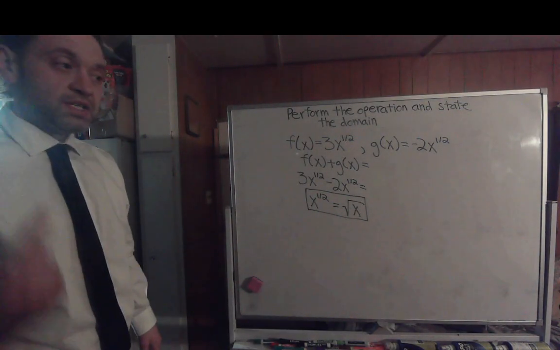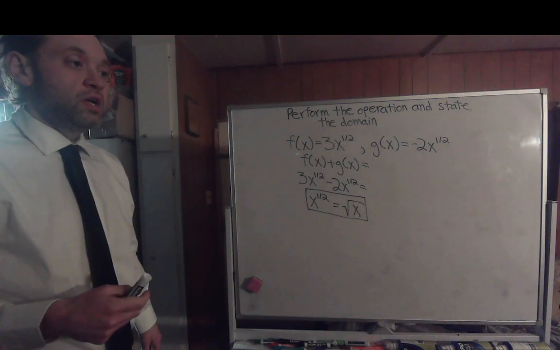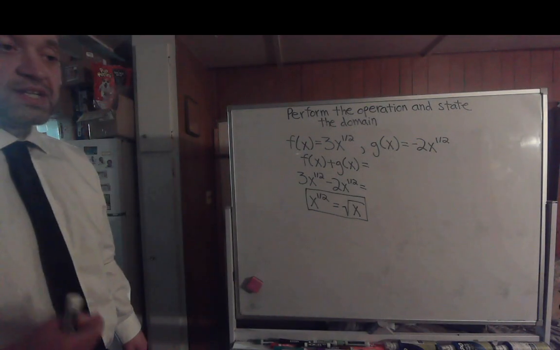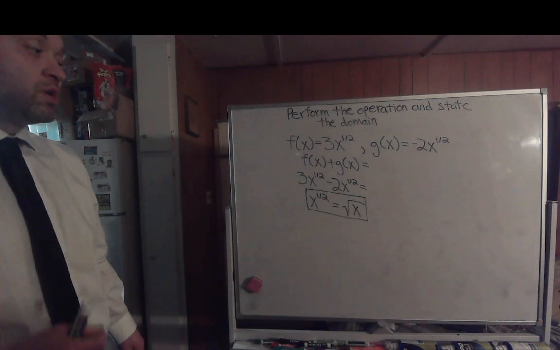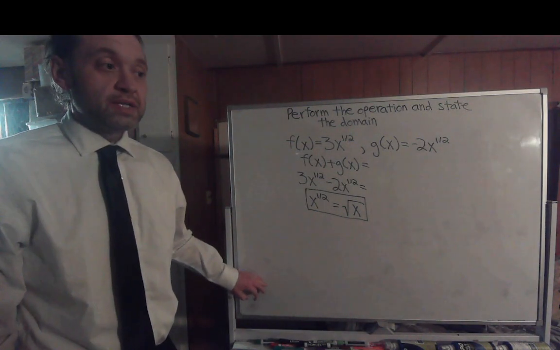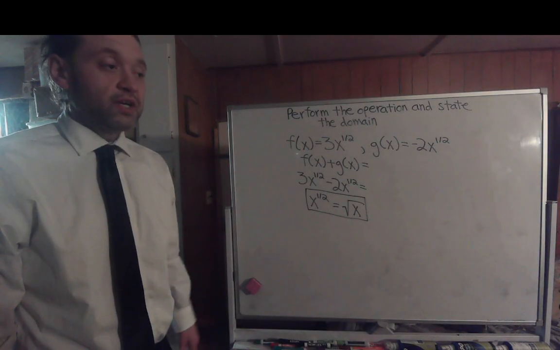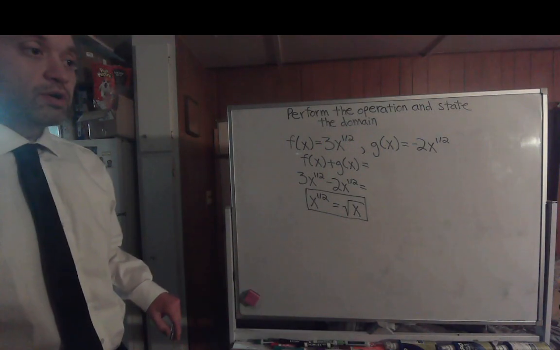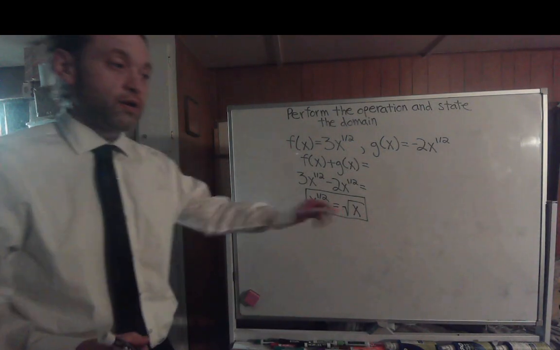Now, what is the domain of this function? In other words, are there any values in the real numbers for which this is not defined? Well, we know you can't take the square root of a negative number, right? Literally, you can't do that because there's no real value for the square root of a negative number. It only works from 0 to greater.